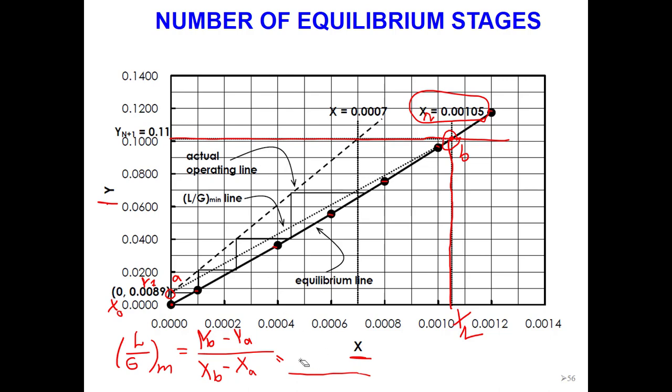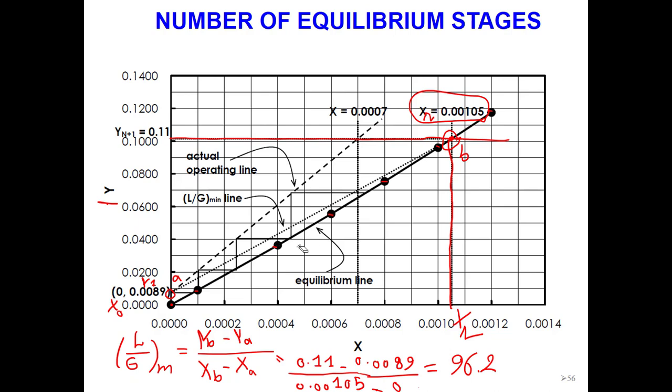It is here, 0.11, minus ya, which is here, 0.0089, xb is here, 0.0005, xa is here, 0, which is the 0 value. So if you calculate this, it should give you something about 96.2. So that's the slope of the minimum operating line.